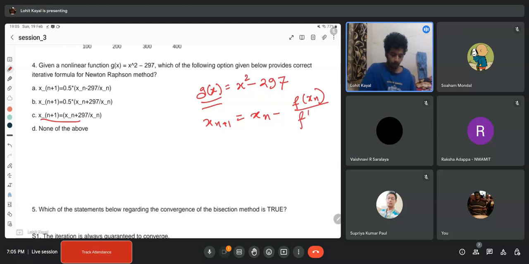This is the formula for the Newton-Raphson method. You just need to put it in and simplify it.